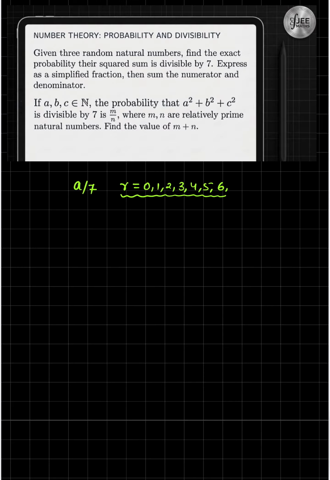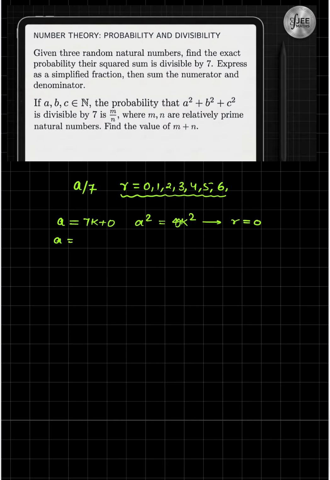So if a is any natural number, we can write it as, let's say, 7k plus 0. If we square that, we get 49k square, and if we divide that a square by 7, the remainder we are getting is 0.